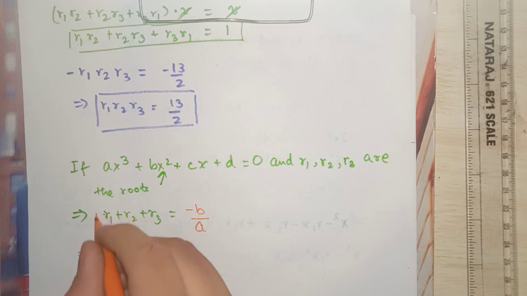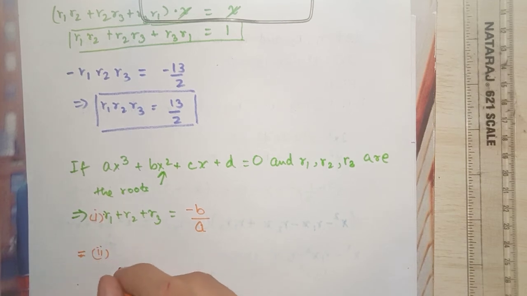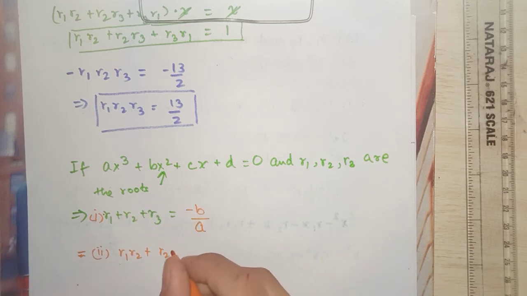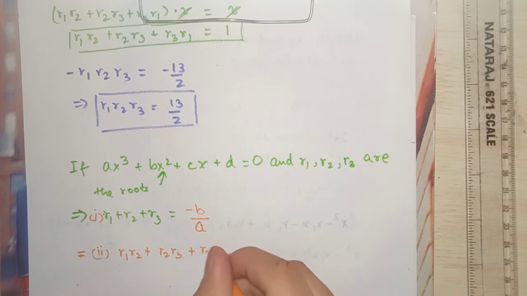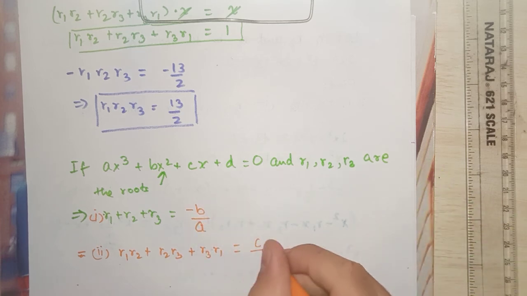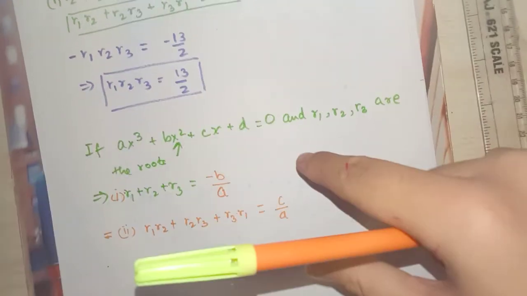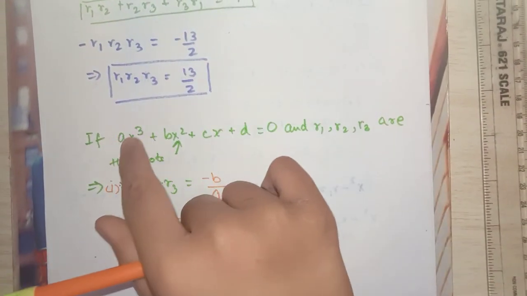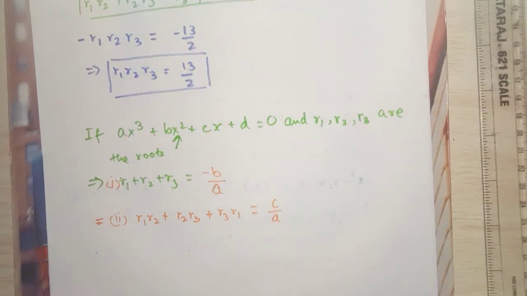And the sum of products of roots taken 2 at a time, r1 r2 plus r2 r3 plus r3 r1, should equal c by a, the coefficient of the x term divided by the coefficient of the x cubed term.